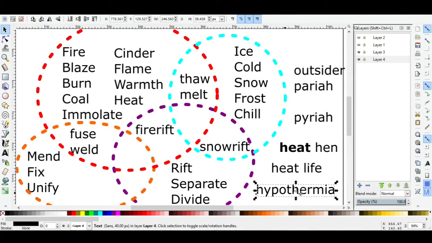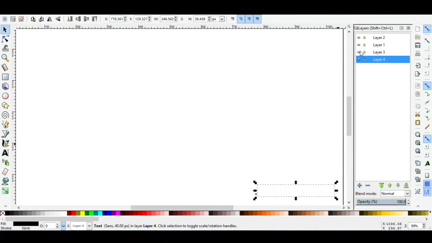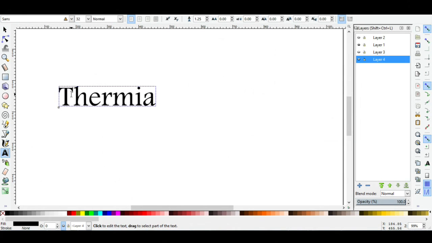So in the interest of having my cake and eating it, I went with thermia, which I thought was kind of nice. Like hyper, doesn't really matter. You can add to that what you wish. It seems a bit whimsical to me, a bit like Enchantia or something like that.